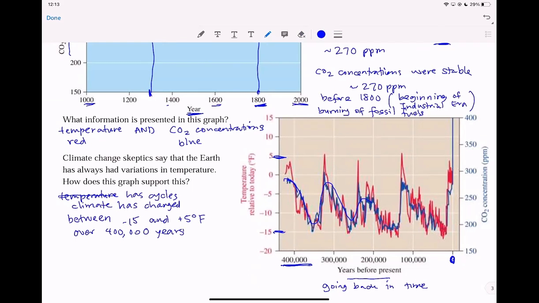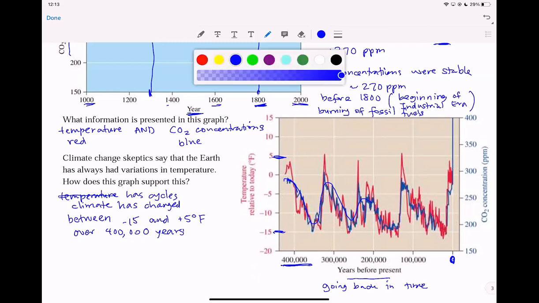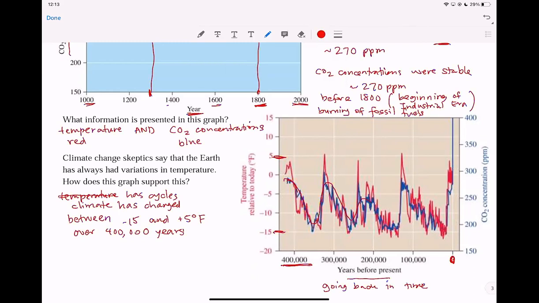And we also have data showing that the climate has cycled in the same way for 800,000 years before present time. The red line was temperature. So temperature has cycled, and also carbon dioxide concentrations, that was in blue, have also cycled.